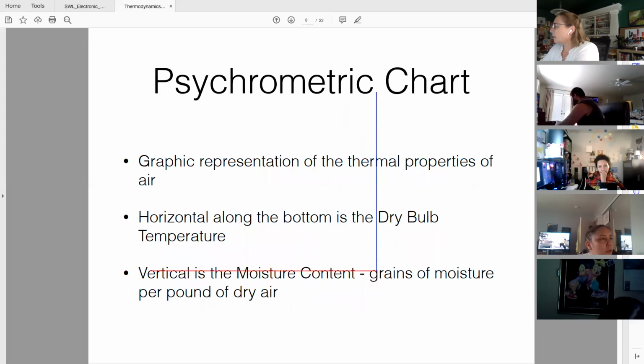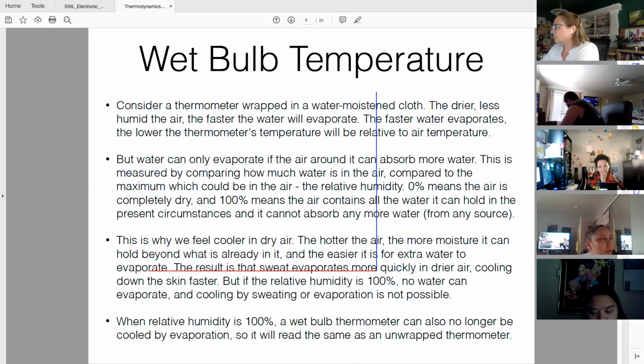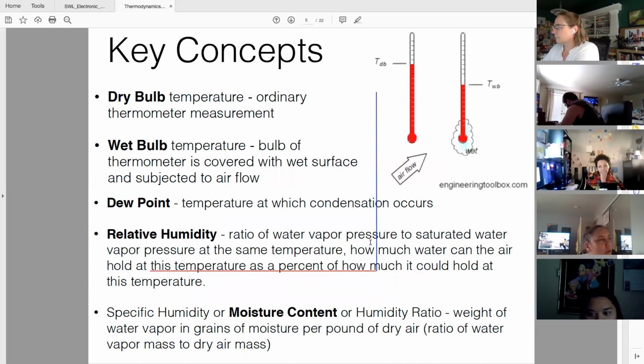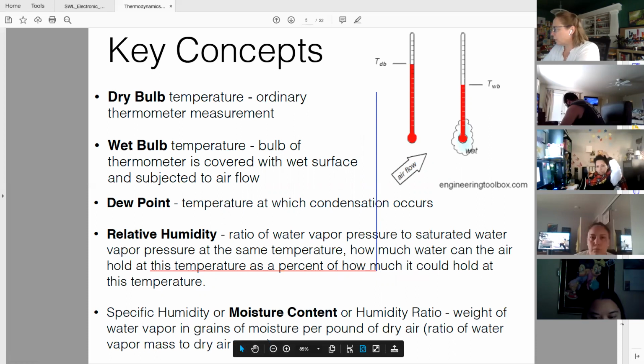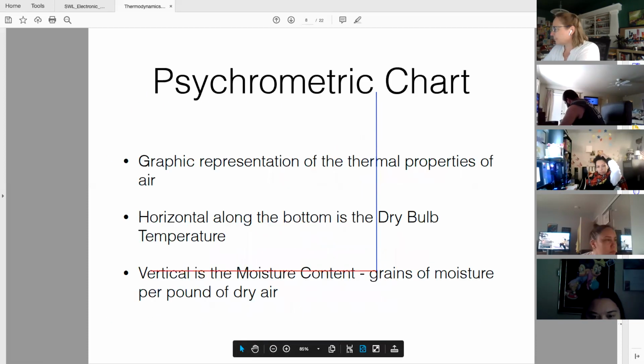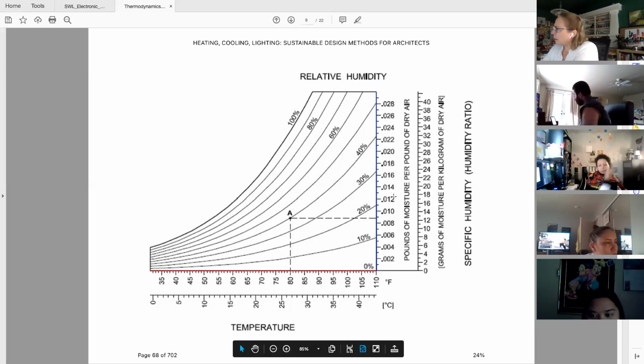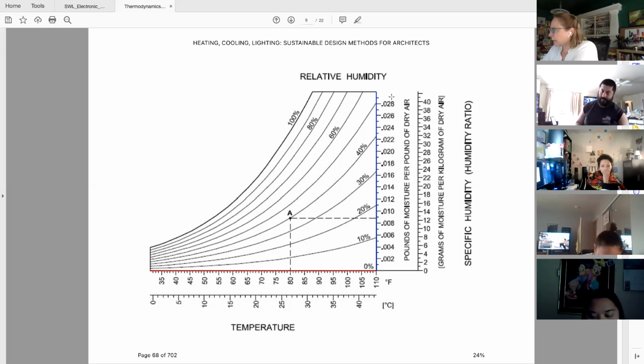Okay, so moisture content is also specific humidity or humidity ratio. Okay, and it's measured in moisture per pound of dry air. Don't have to worry about that too much.